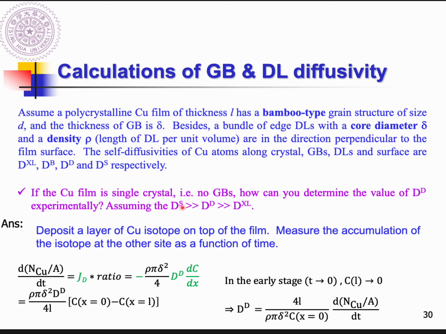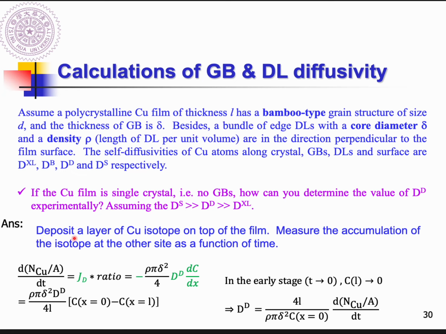And even though Dd is much larger, because we consider these directions perpendicular to the free surface, the only ones we need to consider will be Dd and Dxl. And we also know Dd is much larger than Dxl, so this can be considered as region C, right? Although in region C it's actually Db that dominates, Db much larger than Dxl, but here instead of Db we use Dd, so the concept would be the same.